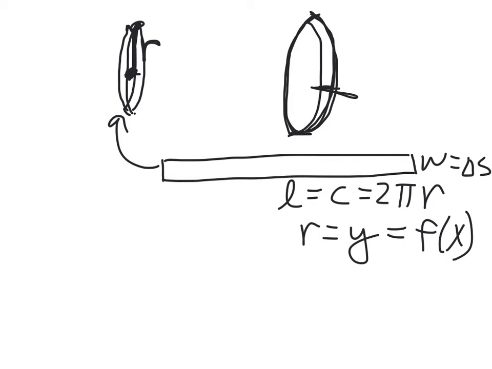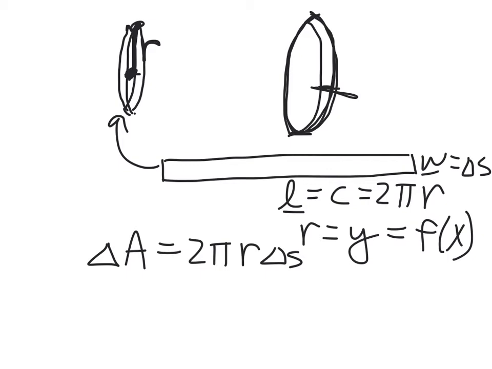So our area of the surface of revolution here, I guess we'll say delta A, the area of just that little slice, is going to be length times width, or we'll just leave it in terms of r for now.